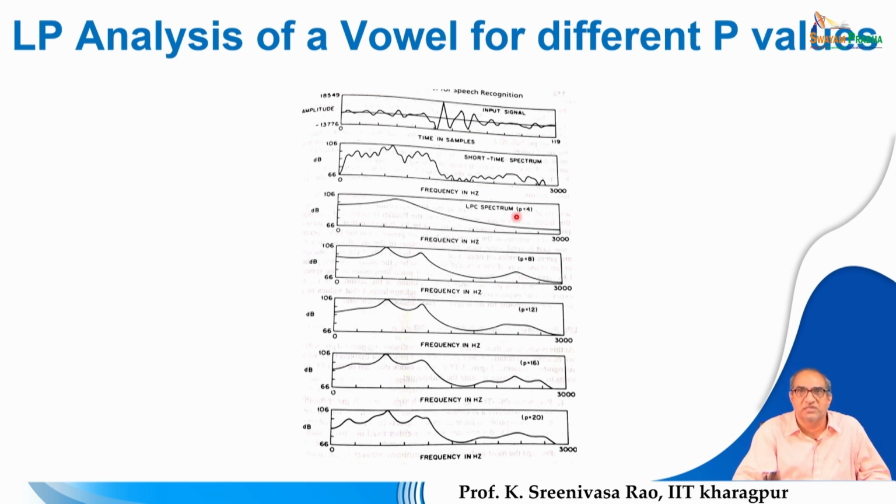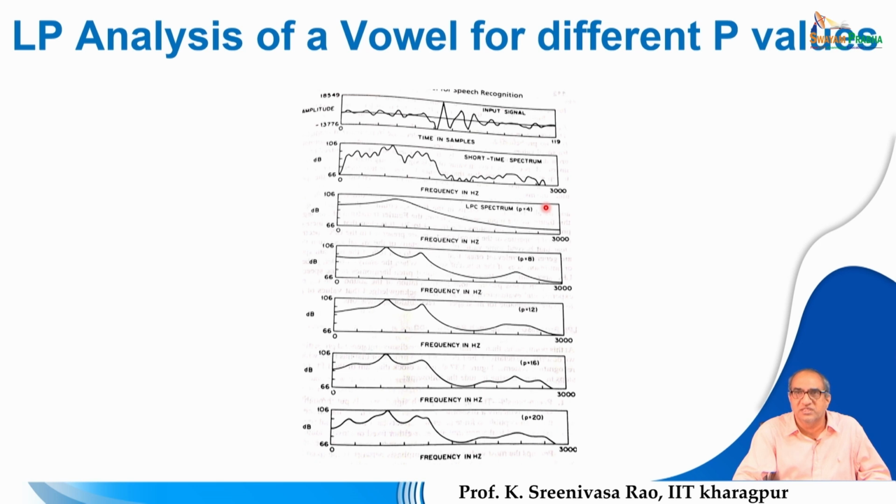If you design an all pole filter with p equals to 4, you get an all pole filter of order 4, that is 1 by A of z, where the polynomial is of order 4, right?